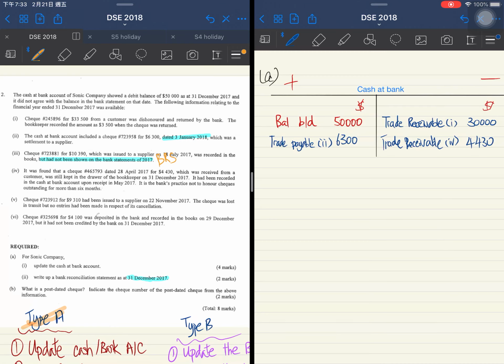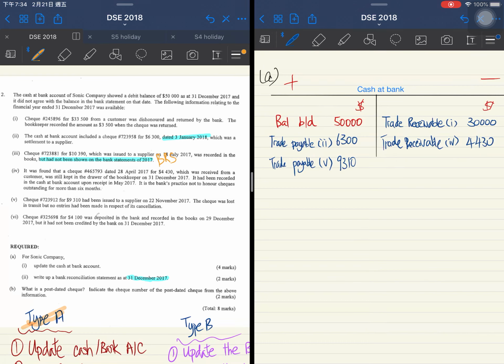Okay, because no entries had been made in respect of the cancellation, therefore we have to record it. 9,310 trade payable is number 5.